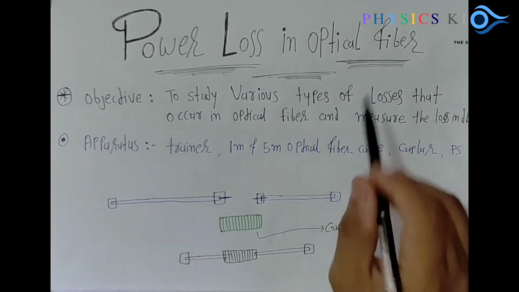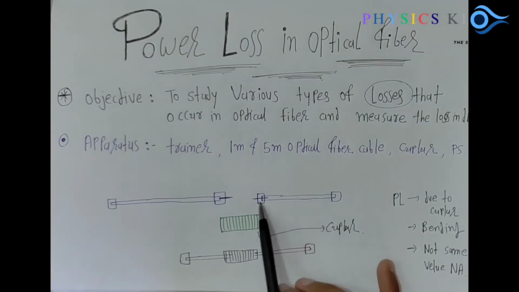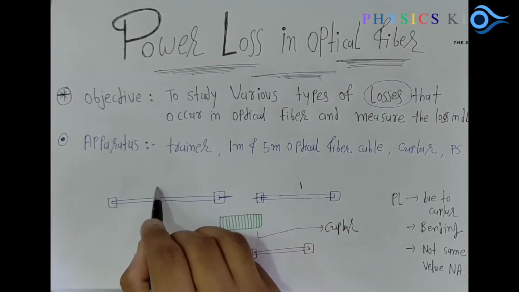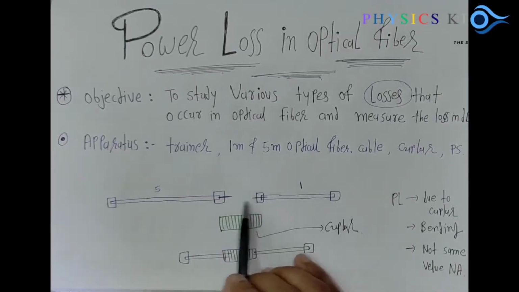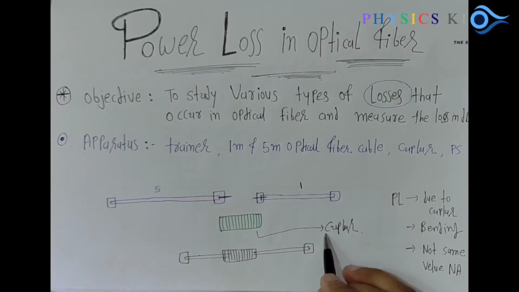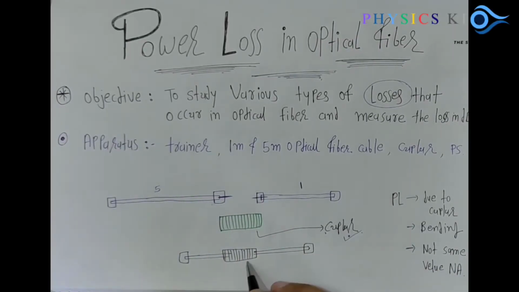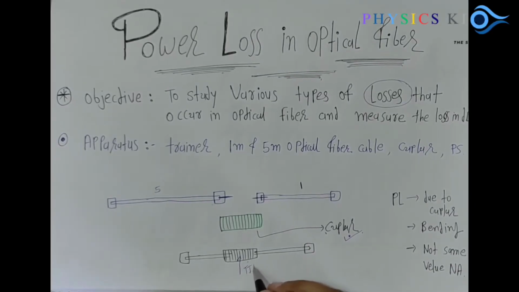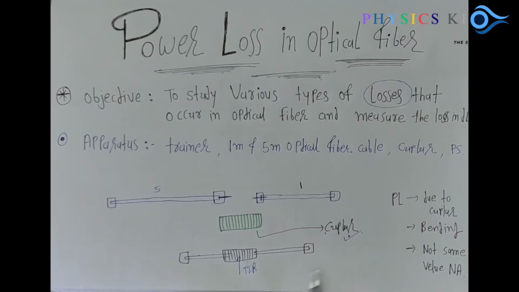So the first question is how or when the loss occurs. This one is a 1-meter cable, this one is the 5-meter cable. We have to connect both cables using this coupler, and because the coupler is not a main part of the optical fiber cable, due to the coupler we have some losses.